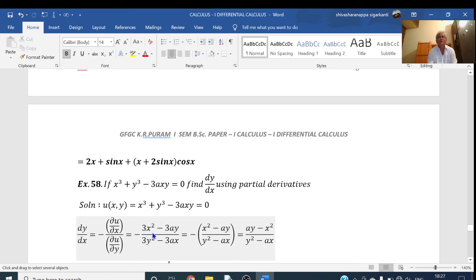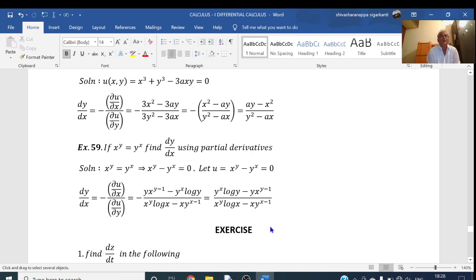What we get? Minus of x square minus ay divided by y square minus ax. Or if we take this minus inside, this will become ay minus x square, denominator will be the same. So this is our dy by dx using partial derivatives.